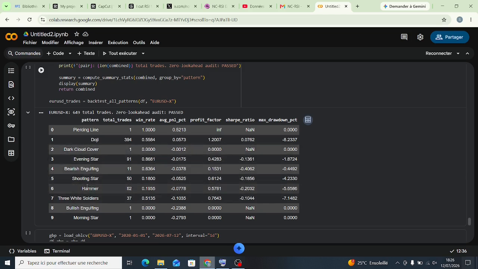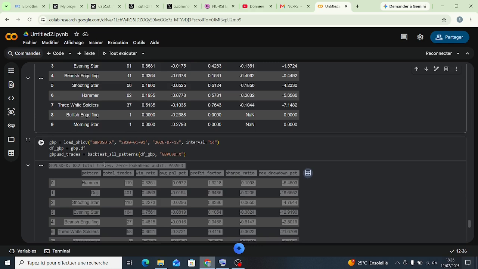Hammer and Shooting Star both underperformed, with win rates below 20%. Bearish Engulfing looked attractive at 64% wins, but its profit factor was only 0.15 because the losses were so much bigger than the wins.